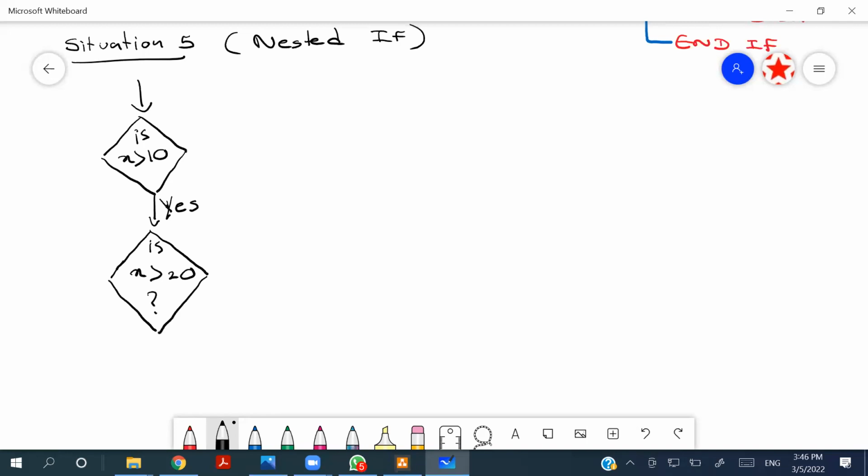That means nested if happens when you find a condition on the yes path of another condition.